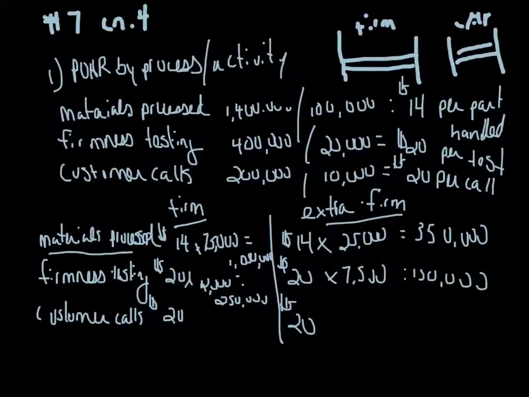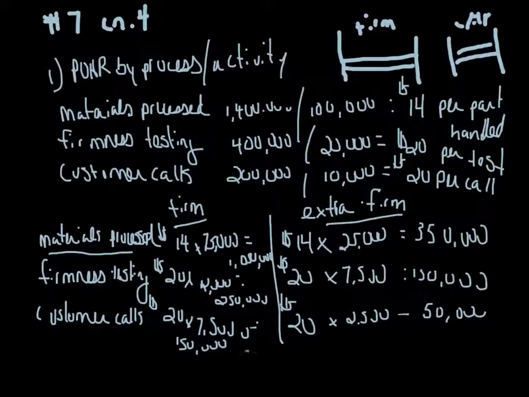Then for customer calls, this is based on per call, and it tells us customer calls that were answered were 7,500 for firm and 2,500 for extra firm. So for customer calls, we have 150,000 for firm and then 50,000 for extra firm.